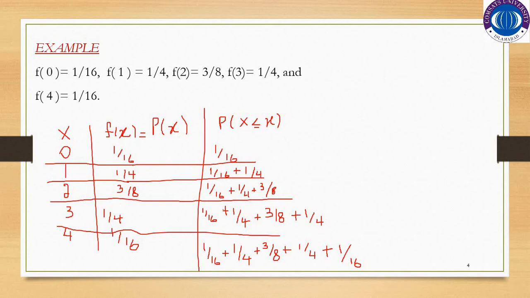So whenever you say the cumulative distribution function of a discrete probability distribution, it could be the probability at some particular point.